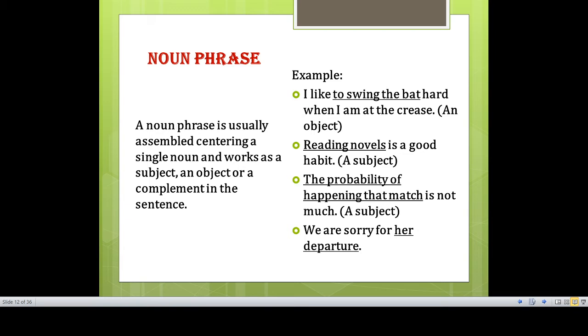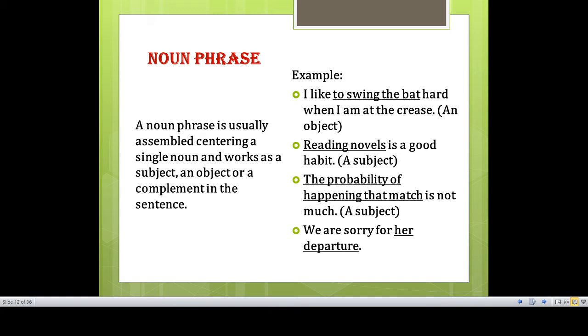Now the next one. The probability of happening that match is not much. Again, the probability of happening that match is a group of words, but it can't stand on its own. Again, it functions as a subject. We are sorry for her departure. We have a complement, her departure. It's a group of words which talks about somebody leaving, and they are really sorry about that, something sad.